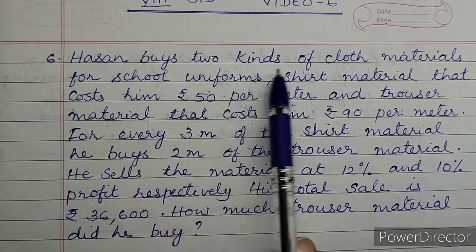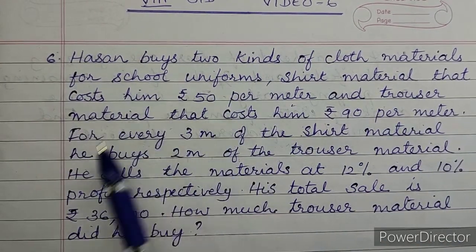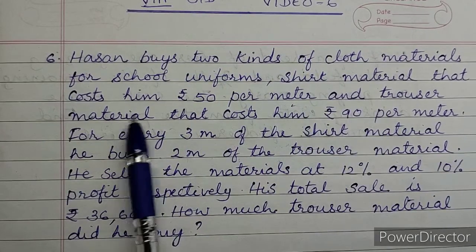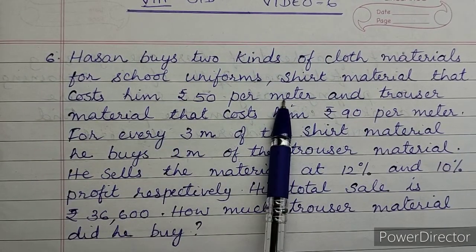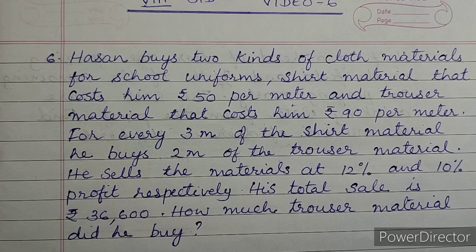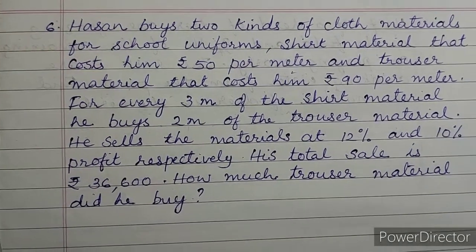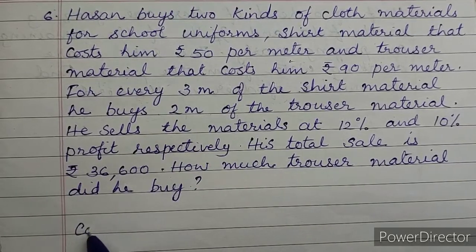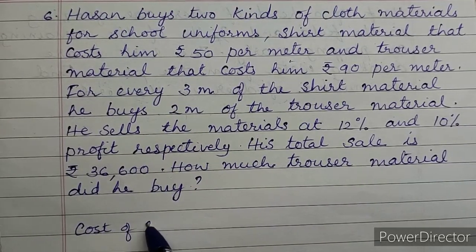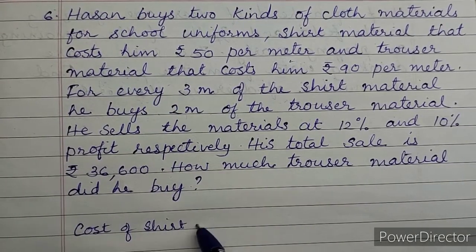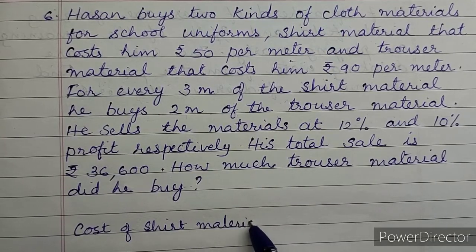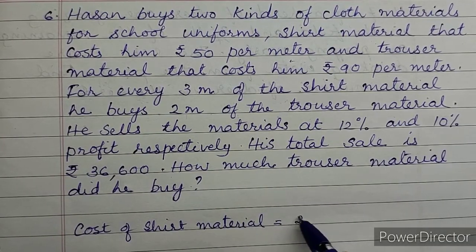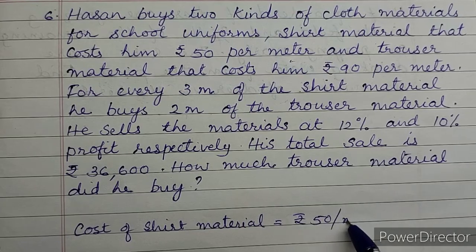He buys two kinds of cloth materials for school uniforms. So what is the cost of shirt material per meter? It is rupees 50. So you have to write the statements like that only. Cost of shirt material equals rupees 50 per meter.